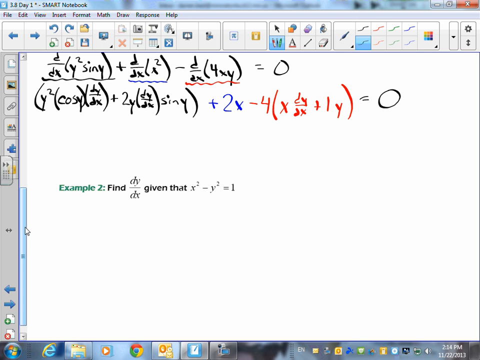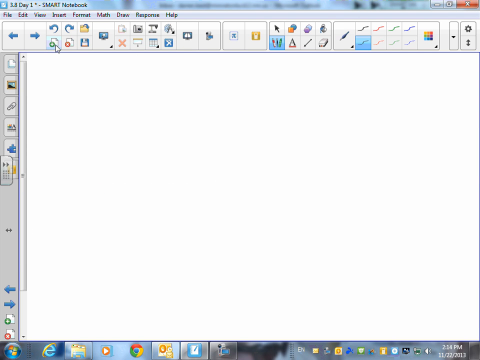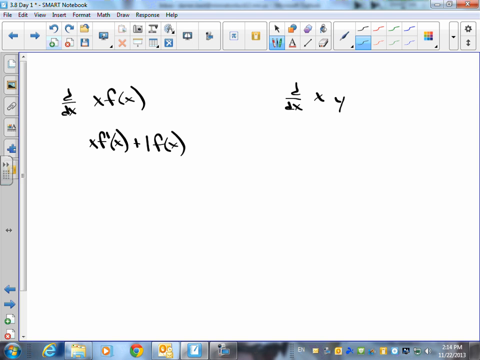I insert the dy dx whenever I'm taking the derivative of y. It's a good question. Where do I put the dy dx? Going back to the beginning, I had things like x f of x, and the derivative of x f of x was x f prime plus 1f, right? It's the same as doing this. It's x y prime plus 1y.